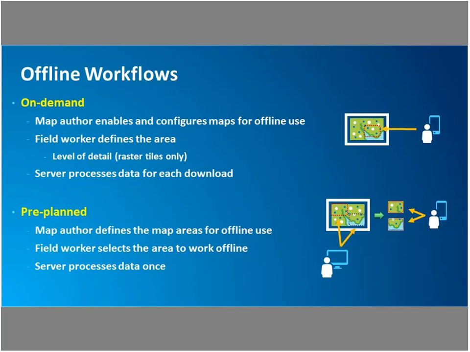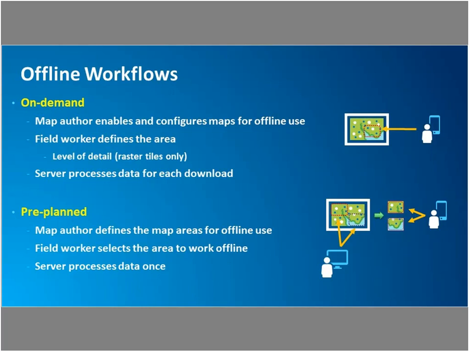But it does process data on the server for each download. There are a couple extra steps you may want to do before this. All your layers must be enabled for offline use, as well as your base maps must be configured to go offline. If you're just using an ArcGIS Online map for a base map, those base maps are automatically configured for offline. But if you have your own, you just have to check it and make sure it's available.